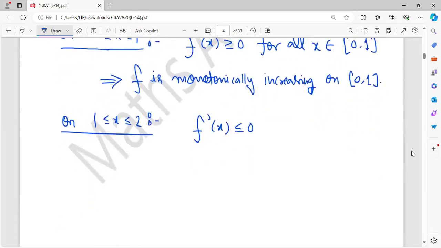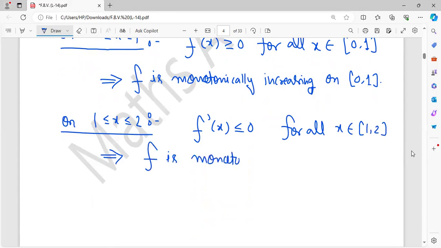Okay. Overall, this implies f is monotonically decreasing on the closed interval 1 to 2.